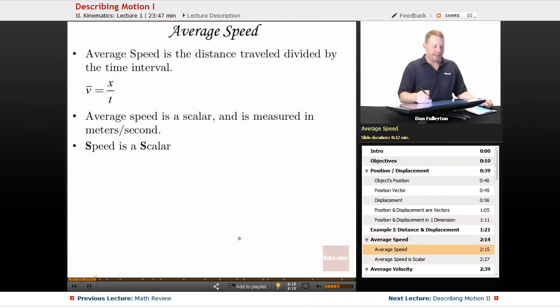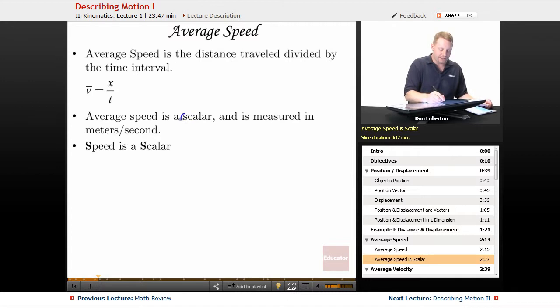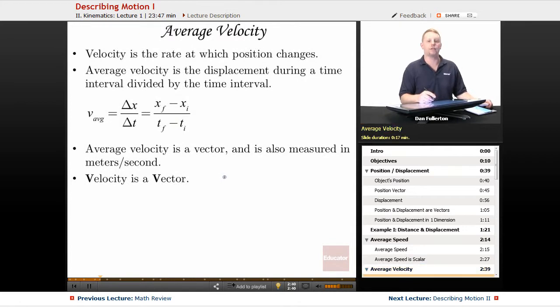All right. Average speed is the distance traveled divided by the time it took to travel that distance. V with the line over it oftentimes depicts average speed, which is distance traveled divided by time. Average speed is a scalar and is measured in meters per second. The way I remember that, speed, s, is a scalar, s. If we look at velocity, on the other hand, velocity is the rate at which position changes, and position is a vector, so the rate at which it changes is also a vector, velocity.